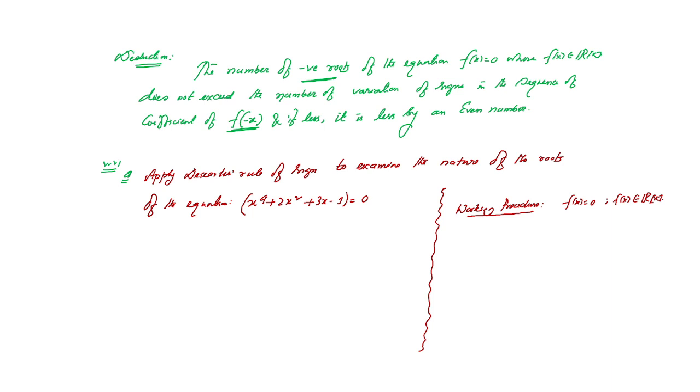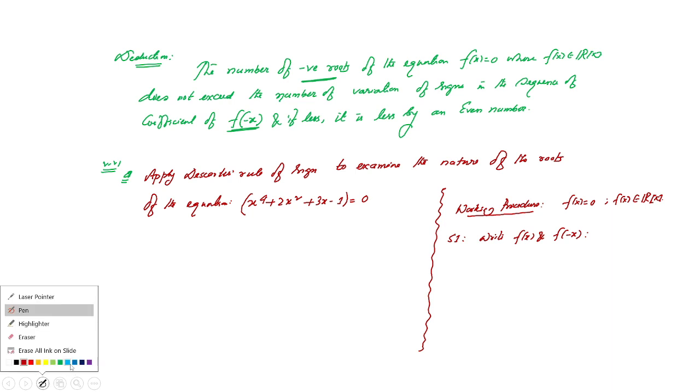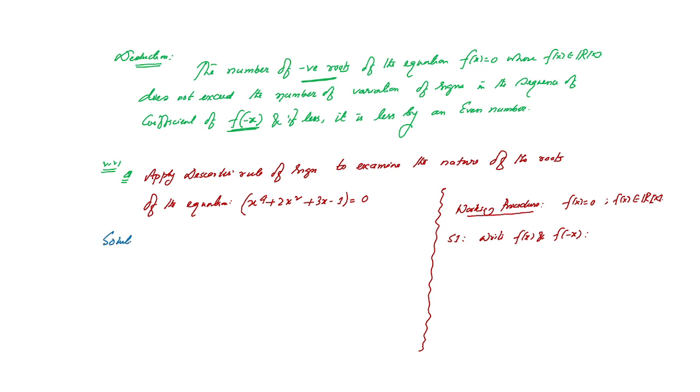So first what will we do? Step 1, we will write f(x) and f of minus x. You just replace x by minus x. So now I am writing here the solution. What is f(x)? f(x) equals to x to the power 4 plus 2x square plus 3x minus 1.